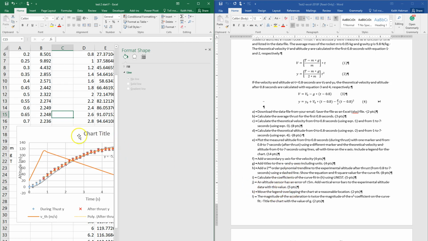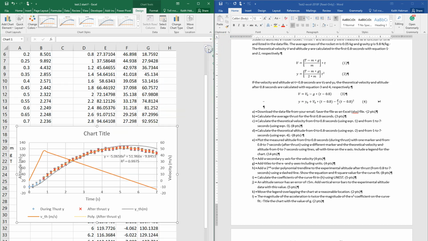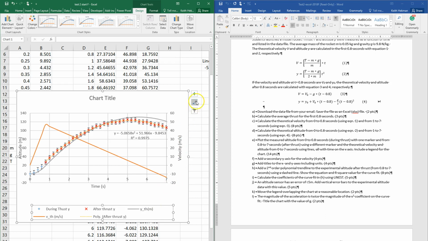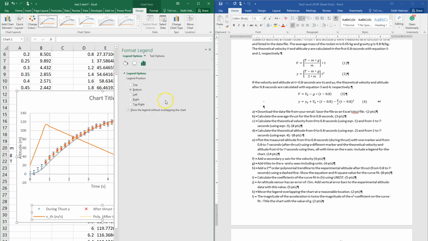So we want to move our legend overlapping the chart. Let's make our chart a little bigger. And maybe doing this on the right.